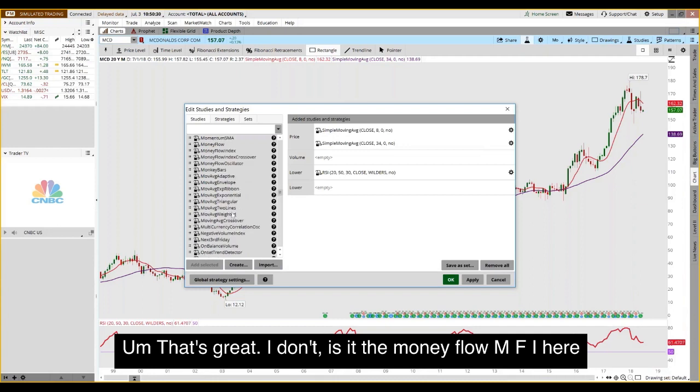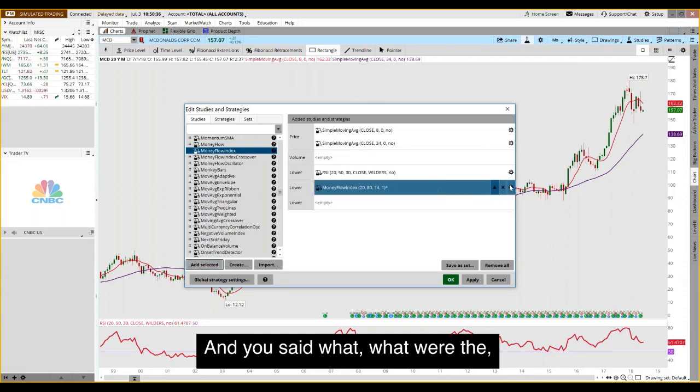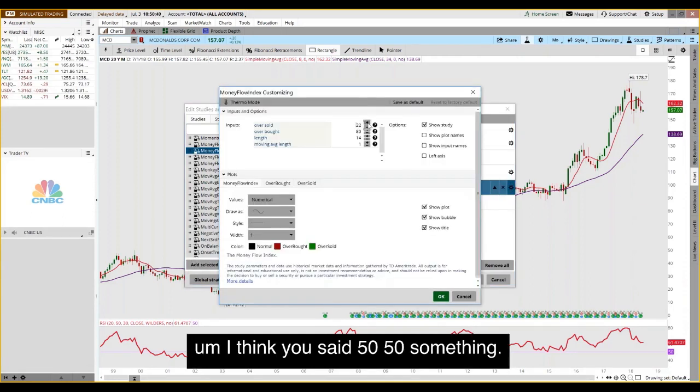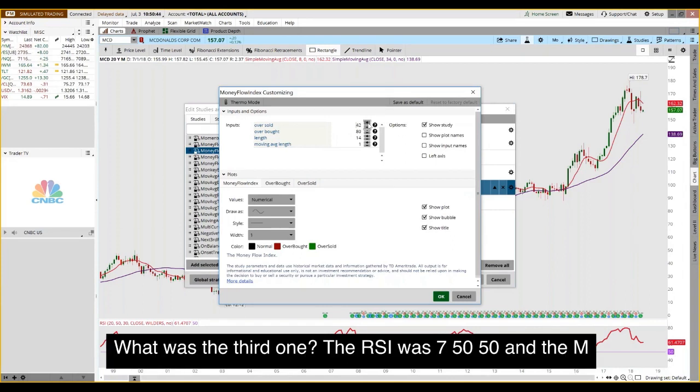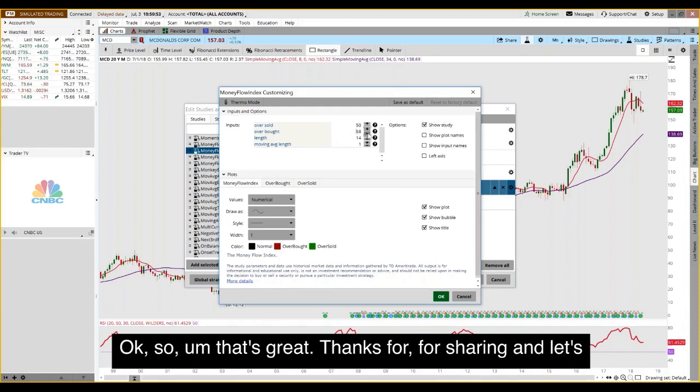Is it the money flow MFI here? Money flow index. And what were the settings? The RSI was 7, 50, and 50, and the MFI was 50, 50, 3, and 3. Okay. So that's great. Thanks for sharing.